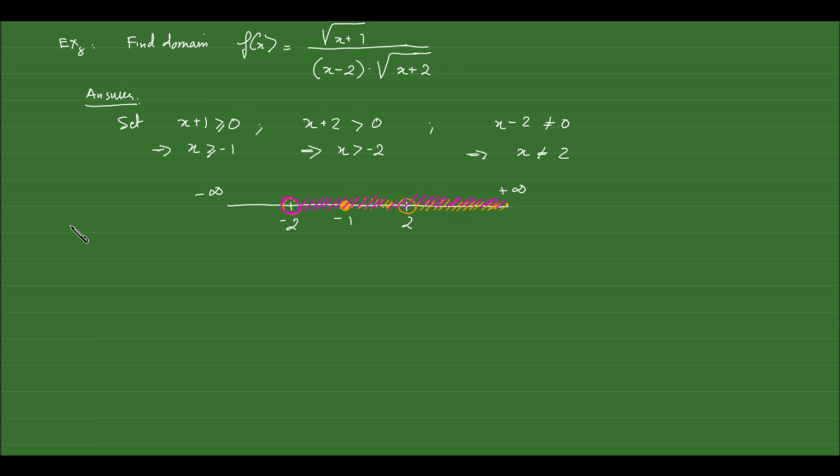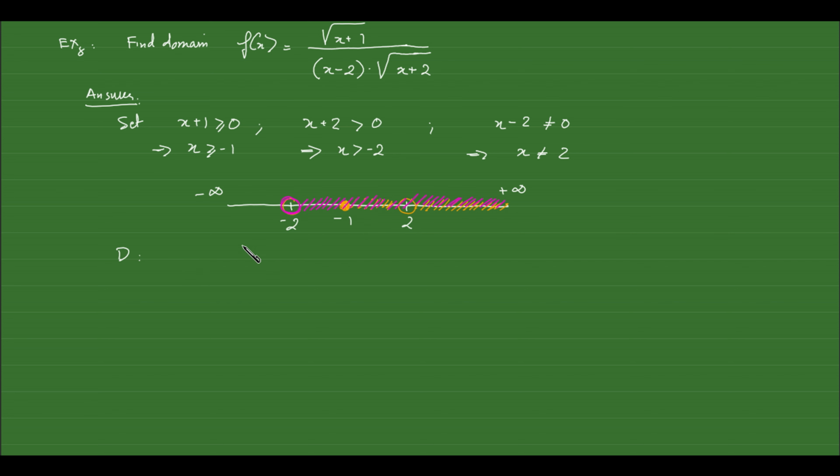So that could be the final answer. What will be the final? We want to have greater than -2, so whatever is overlapping, we're going to take the overlapping part only.